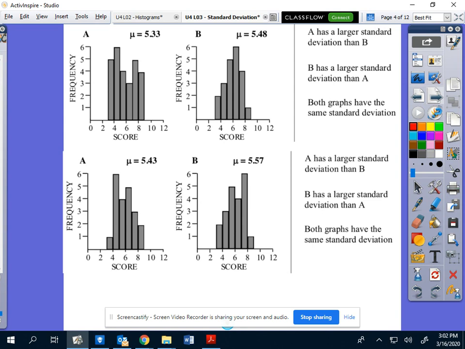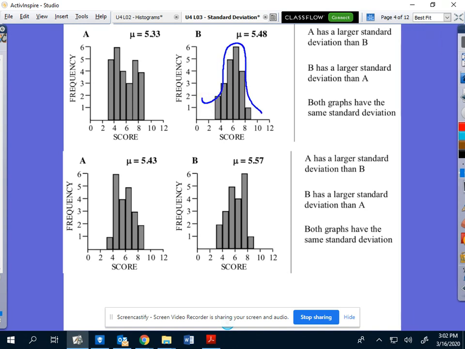So let's try another. When we look at this one, again, our means here are 5.3 and 5.4. But again, we can start to just look at these shapes, and we can look at the fact that anytime we have more of a mountain shape, versus a bit of a mountain, then a spread here, we have a bit of a valley.